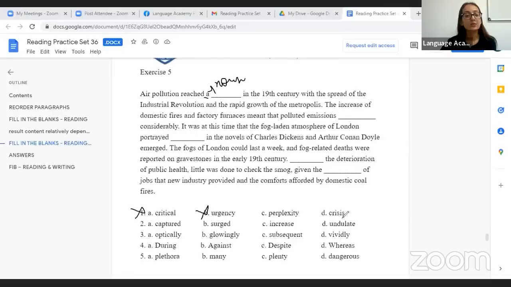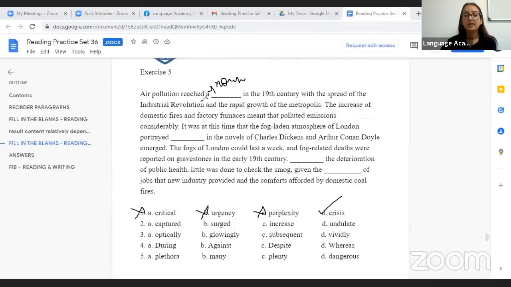Perplexity and crisis both are nouns, and some of you have written perplexity. Do you know the meaning of perplexity? Perplexity means confusion, being unable to understand something. So air pollution cannot reach a confusion. Air pollution reached a crisis. So please note down the meaning of perplexity, those who did not know it.